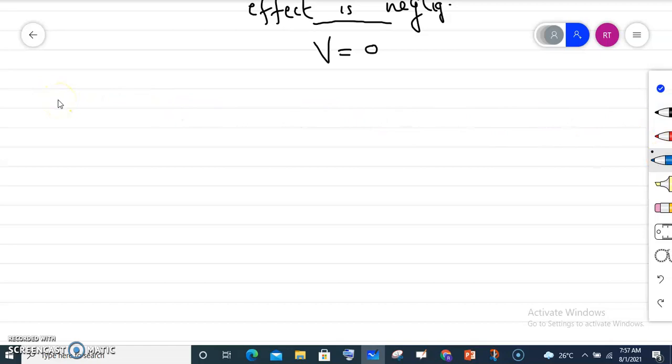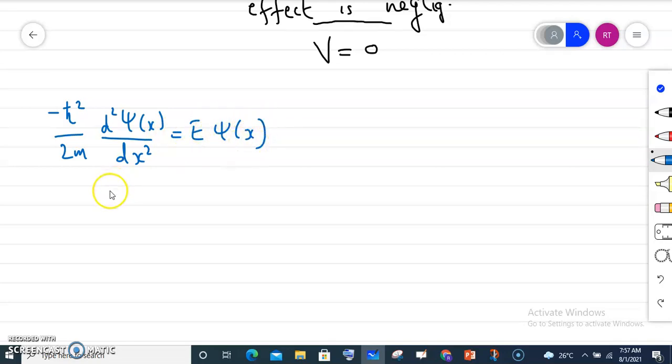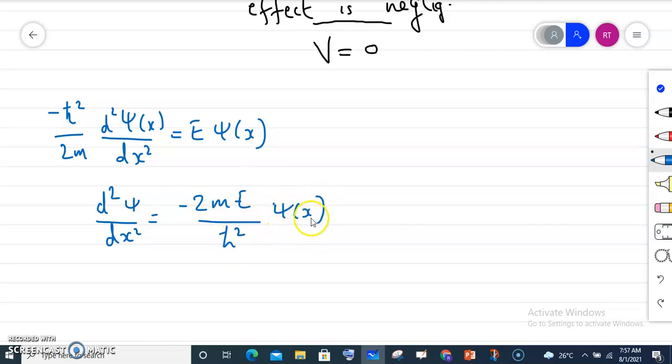Okay, so our equation now is minus h cut square by 2m d square psi of x by dx square is equal to E into psi of x. So d square psi by dx square is equal to minus 2mE by h cut square into psi of x.